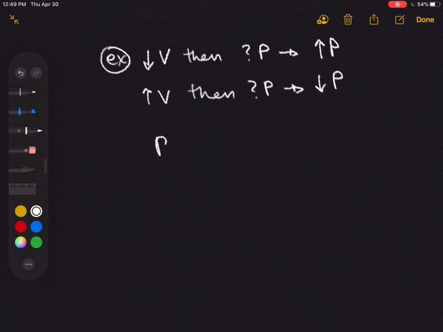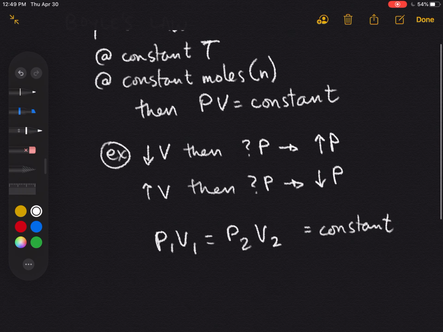All right, so let's look at an application of this mathematically. Well, this is overall stated as P1 V1 equals P2 V2. We know that this is equal to a constant. Okay, so we already said that right here. So pressure times volume is going to equal that constant.